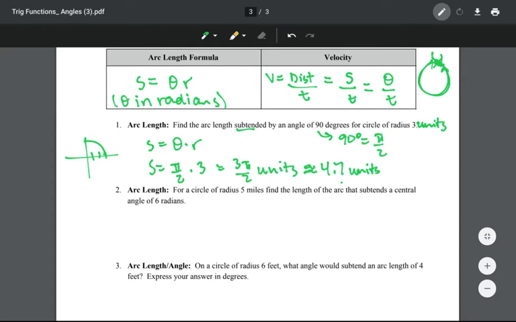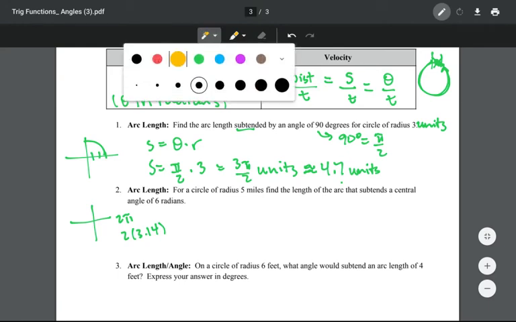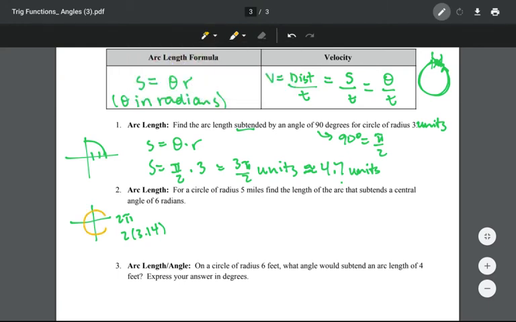Okay, next, number 2. I've got a circle of radius 5 miles, and I want to find the length of the arc that subtends a central angle of 6 radians. If I were to travel a full rotation, that would be 2 pi radians, or 2 times about 3.14. It's a little more than 6. So for this one, I'm looking at going almost a distance of 2 pi.